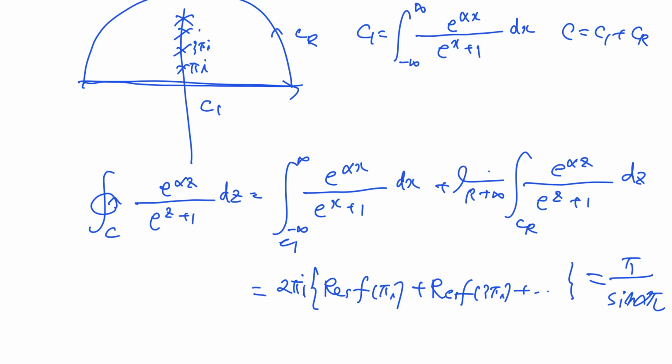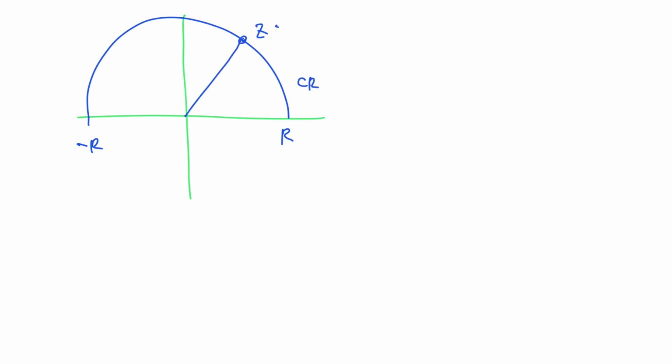Now let's check whether this goes to 0 or not. Let's focus on this integral. With z equal to r exponential i theta, dz is r exponential i theta times i d theta.